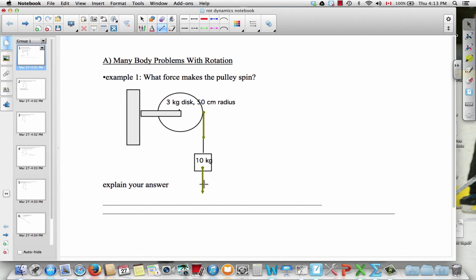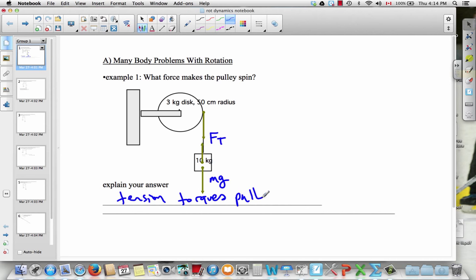Now, is the tension just the same as the weight? Well, no, it isn't, because if you let this go, this mass is going to accelerate downwards. And as a result, the tension will have to be different from the weight. So tension torques the pulley. That's the first thing to realize. It's tension acting a distance r from the center that creates the torque.